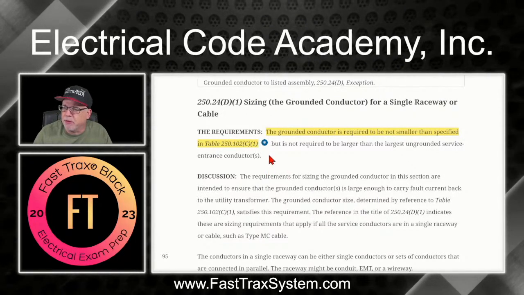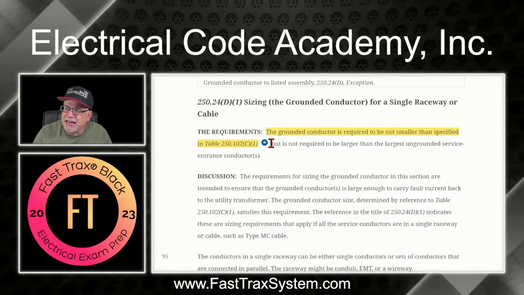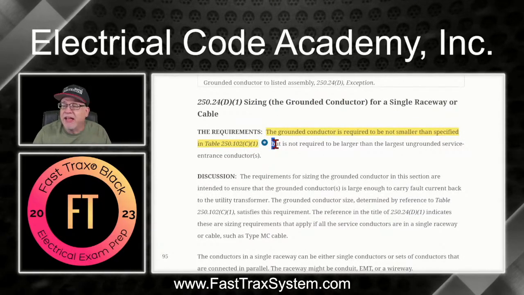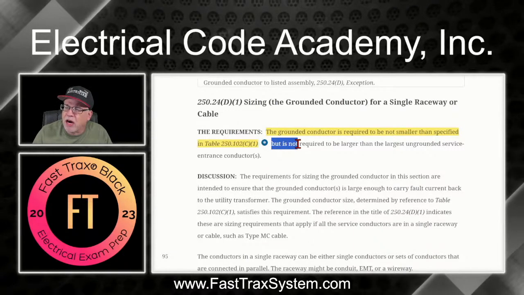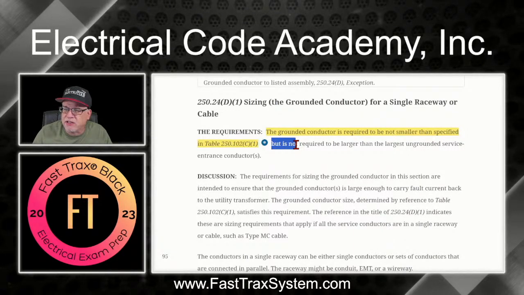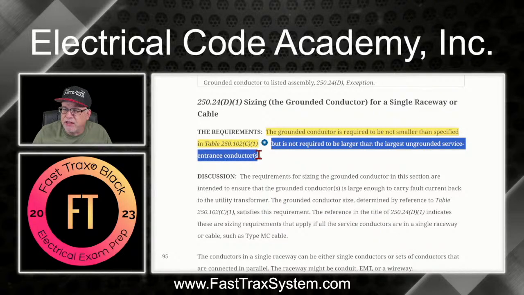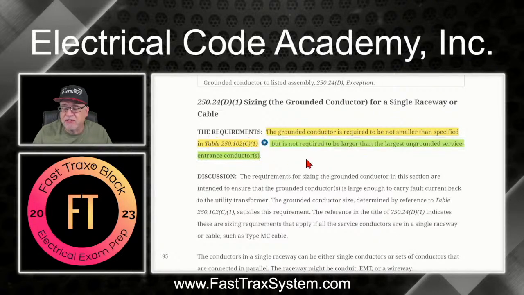First major thing to remember. Next thing to remember: in sizing that grounded conductor, it's not required to be larger than the largest ungrounded conductor or conductors in that raceway. That's the next important part.